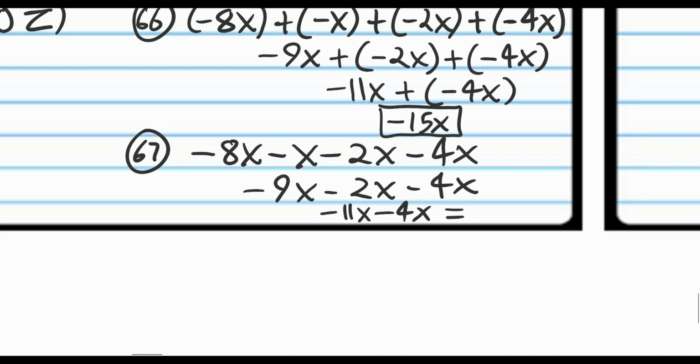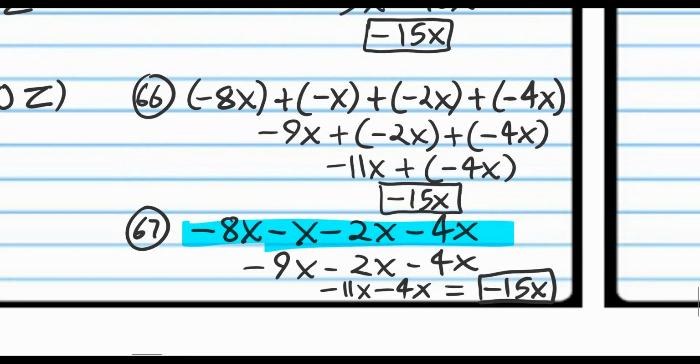I don't have any room, but I can write an equal sign over here. That's perfectly legal. I cannot write an equal sign over here because that's reading right to left, but I can write an equal sign here and write my answer over here. That's perfectly fine. And we got a negative 15x because, again, I'm trying to demonstrate that this is just an abbreviated form of this notation.